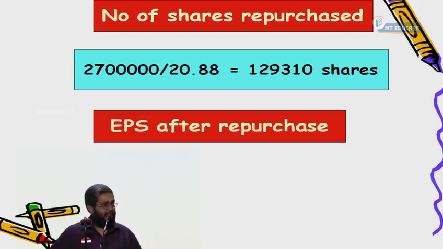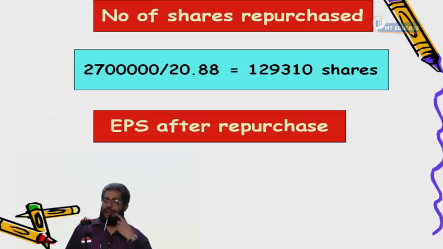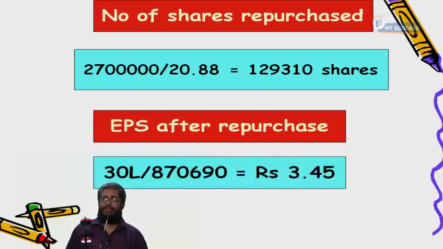Step 3, EPS after repurchase. Earnings per share after repurchase. What is EPS after repurchase? 30 lakhs. Why did the 30 lakhs not change? Earnings continue to be the same after buyback because no project is abandoned. Yes or no? 30 lakhs divided by 8,70,690.